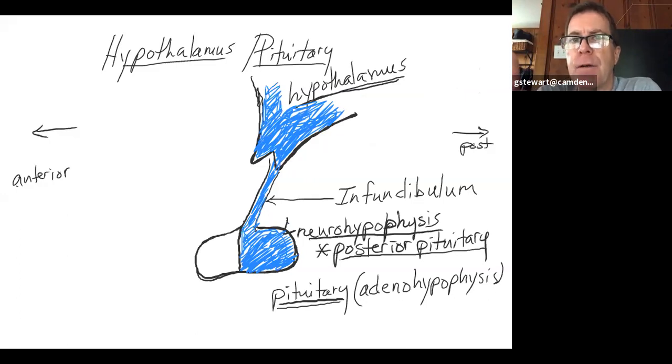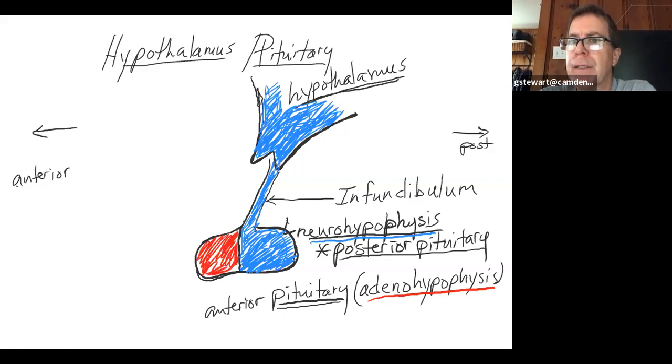These, the anterior pituitary, the adenohypophysis, I'm going to use for red, and the neurohypophysis, the posterior pituitary, let me write the word anterior pituitary, and I'll draw this in red.